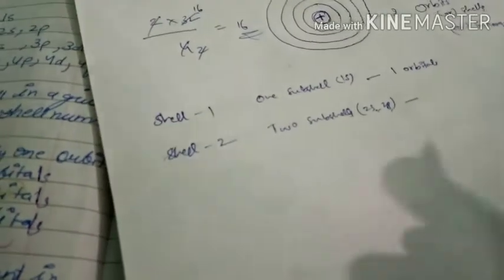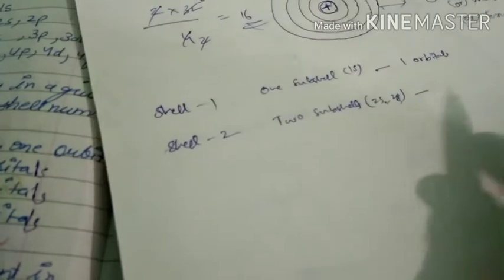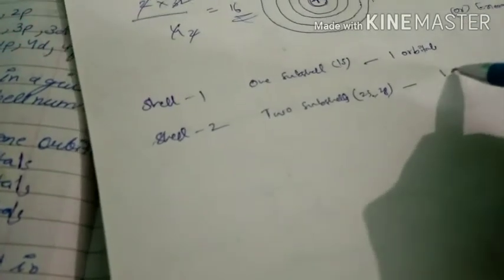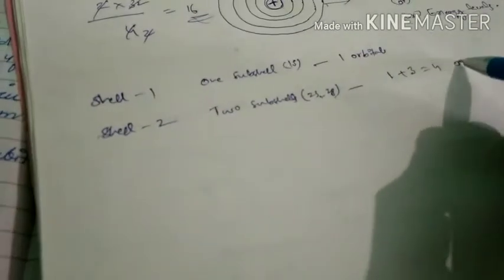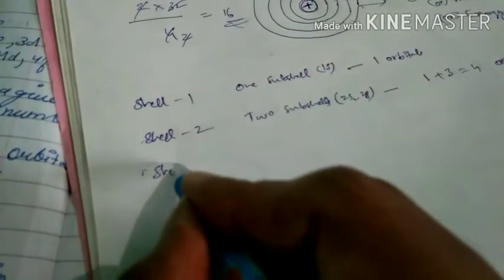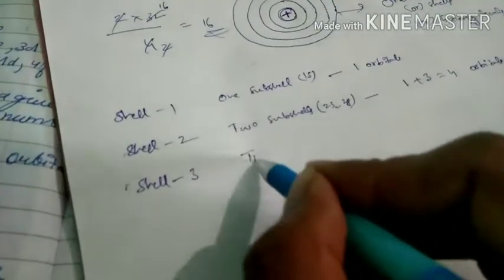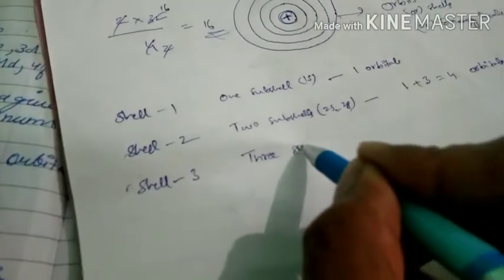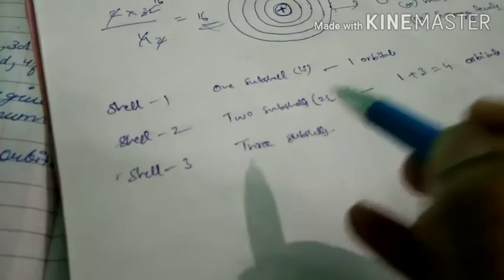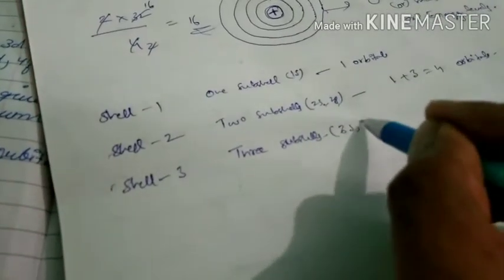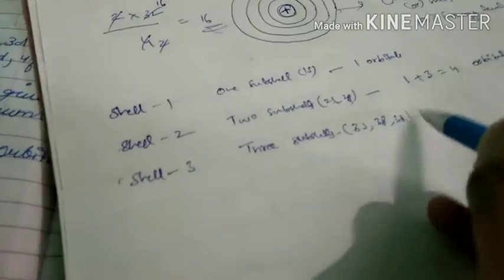Any p, 2p, 3p, 4p, any p contains 3 orbitals. So 1 plus 3, how many? 4 orbitals. Shell 3 contains 3 subshells. They are 3s, 3p, 3d.